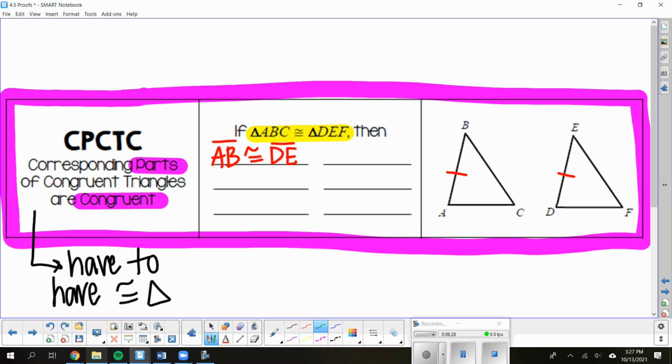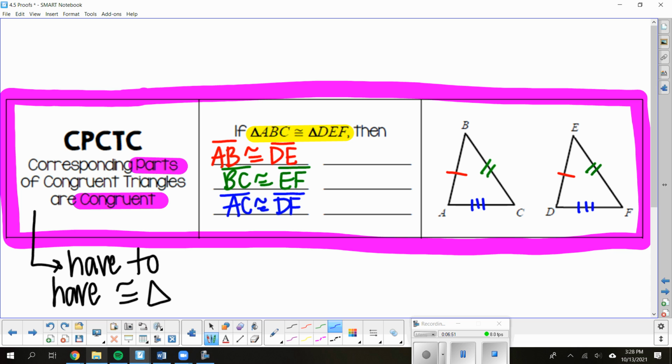I could say that BC is congruent to EF because they are the last two letters. And I could say that AC is congruent to DF because they're the first and last letter.